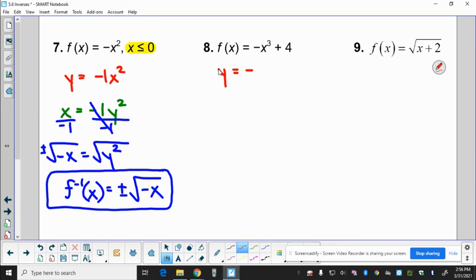Take it out of regular notation. Switch your variables. And now begin solving.